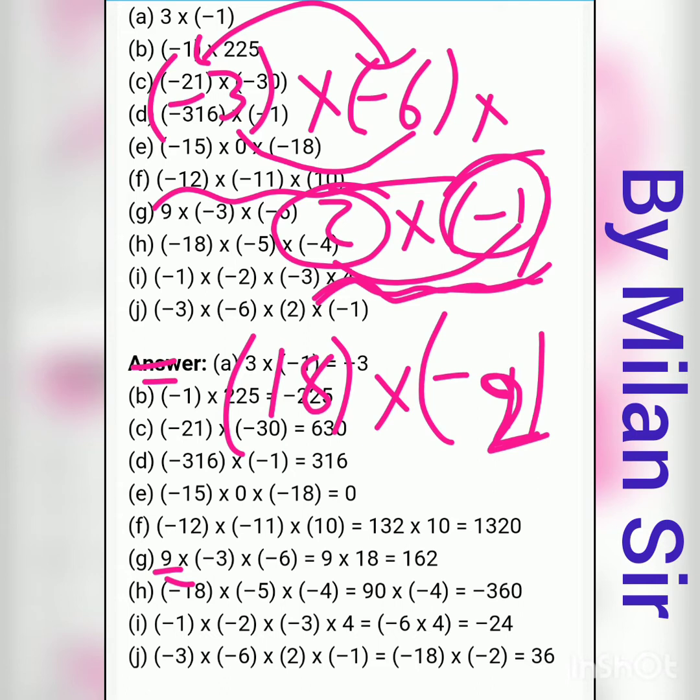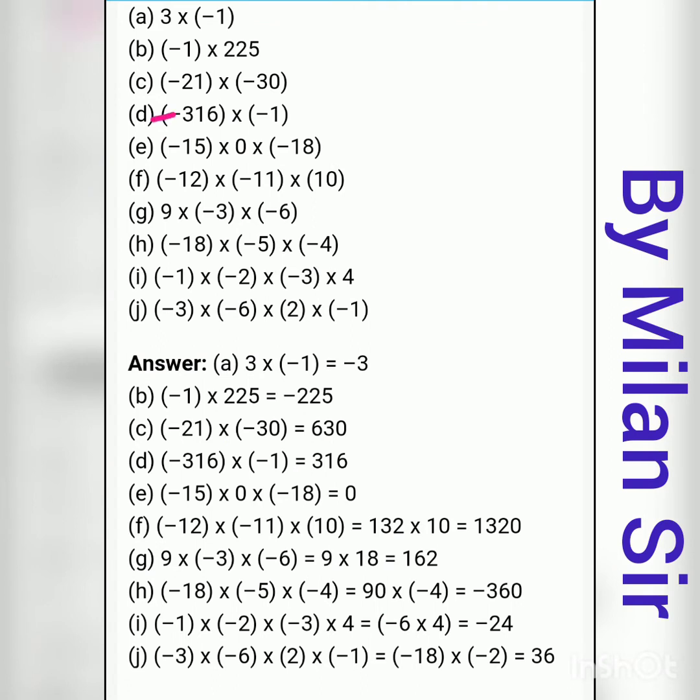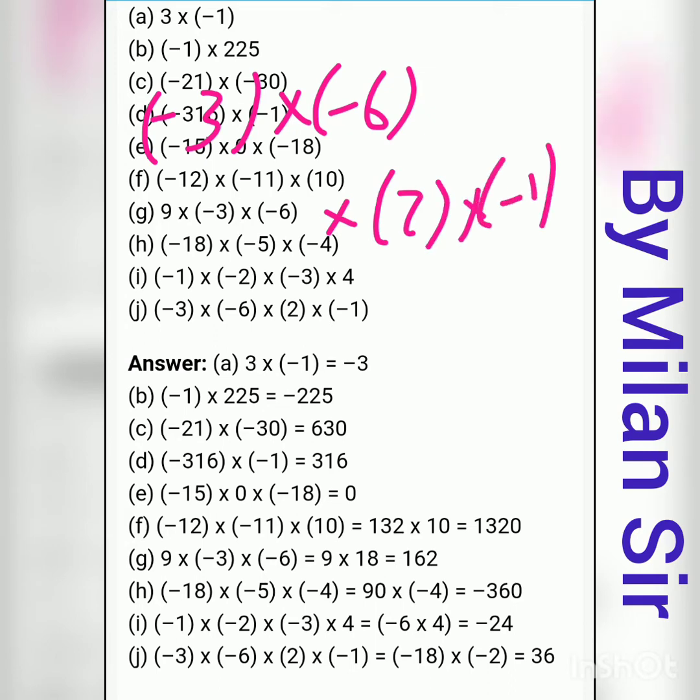Finally here 18 multiply 2, 18 twos are 36. 18 has a positive sign, 2 has a negative sign, so plus minus minus 36. Again I repeat this question: minus 3 multiply minus 6 multiply 2 multiply minus 1.